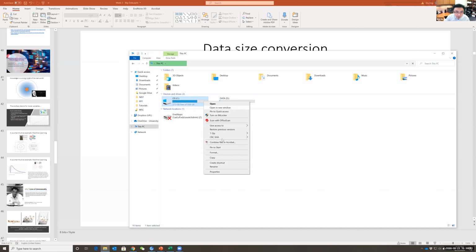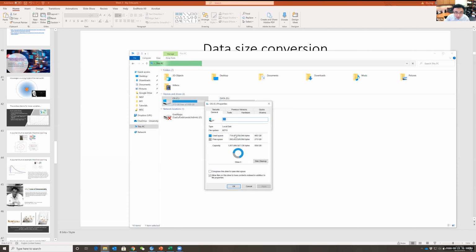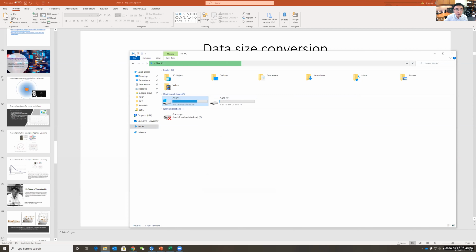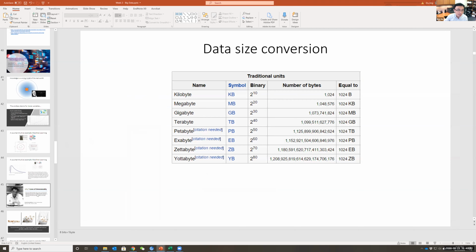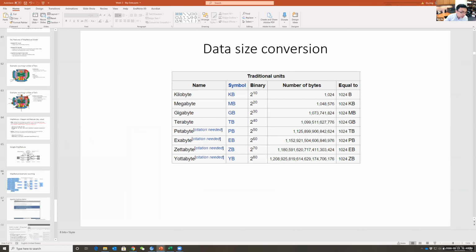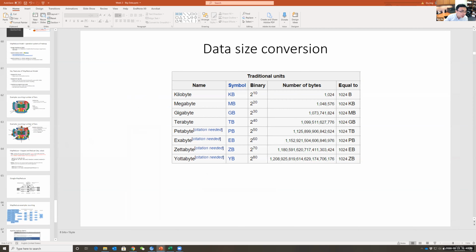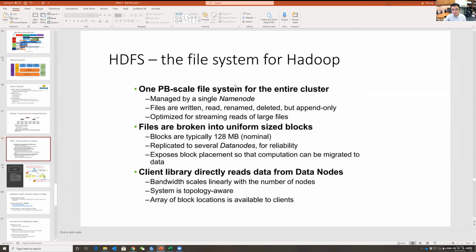Let me check the property. The file system that runs this TB level is NTFS or FAT, okay? So the HDFS, the Hadoop file system, runs on PB. It's managed by a single name node. We will talk about it in a moment.